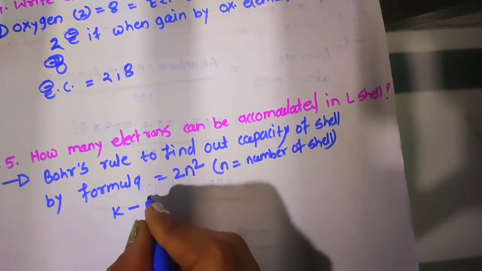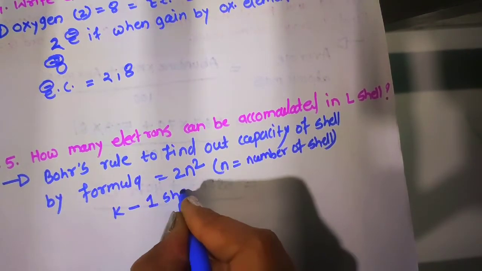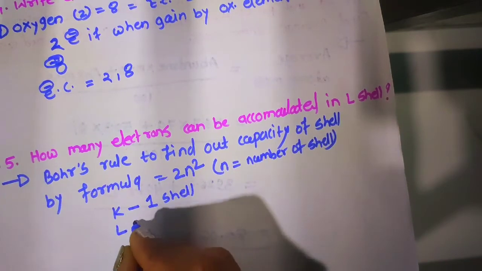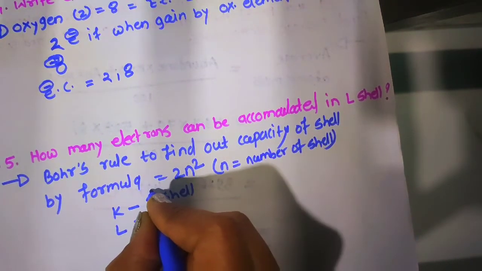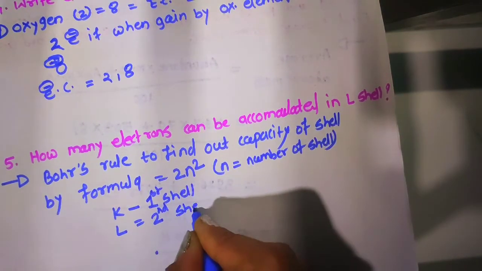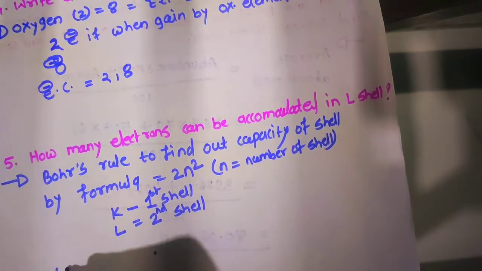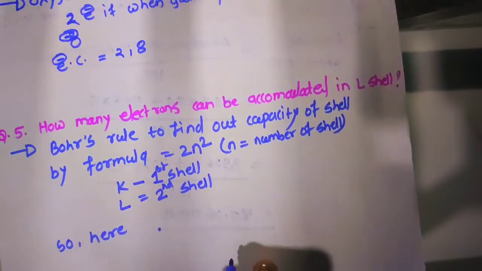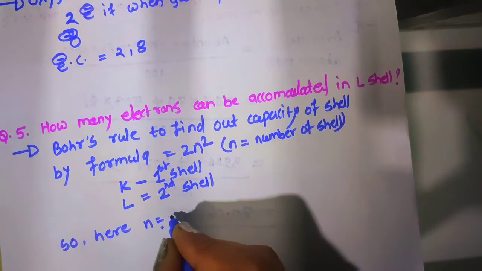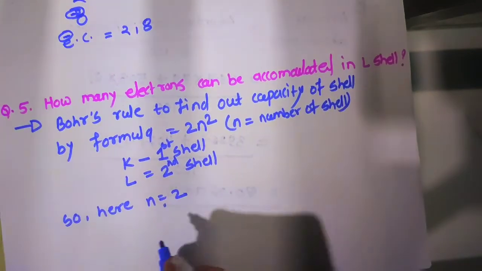K shell is the first shell, L shell is the second shell. So here n is equal to 2. Got it, students?